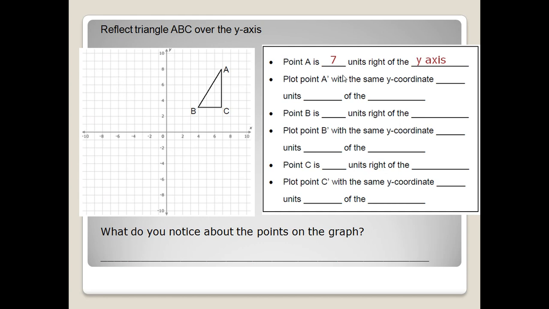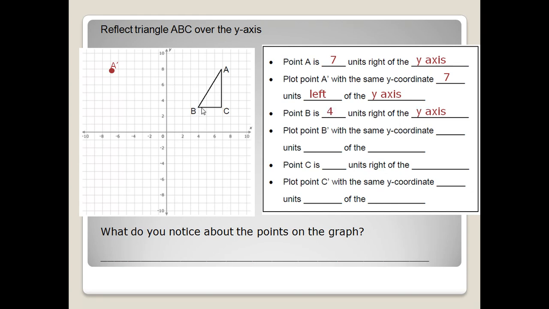And let's plot point A', with the same y coordinate. So we already know it's going to be 7 units, but now we're going to be left of the y-axis. So let's go over 7, up 8, and we plot our point. Point B is 4 units right of the y-axis.